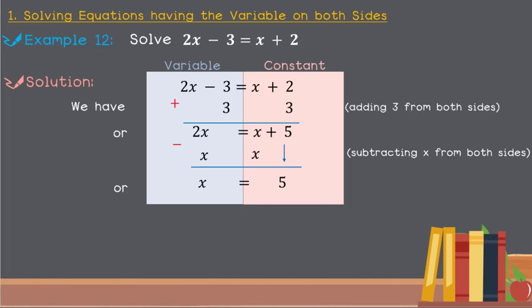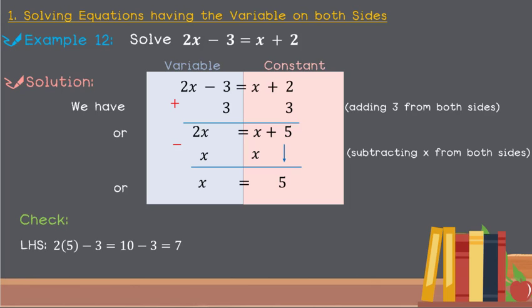Now, let's verify that it really works. Let's substitute it back into the original equation. So we have 2 times x, and we have solved for x.